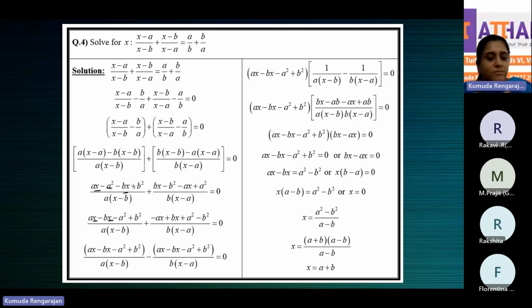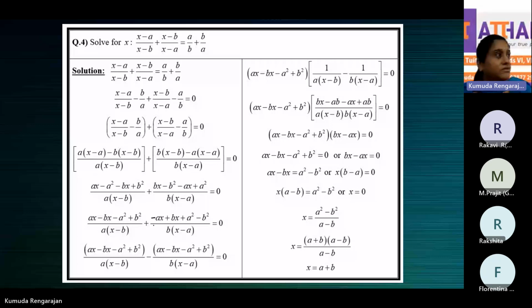Now I've taken a minus common because the signs are exactly the opposite. If you compare, if it's plus ax here, it is minus ax here. If it is minus bx, it's plus bx. If it's minus a square, it's plus a square. If it's plus b square, it's minus b square. Exactly opposite signs, so you take out a minus here. So this plus sign will become minus.